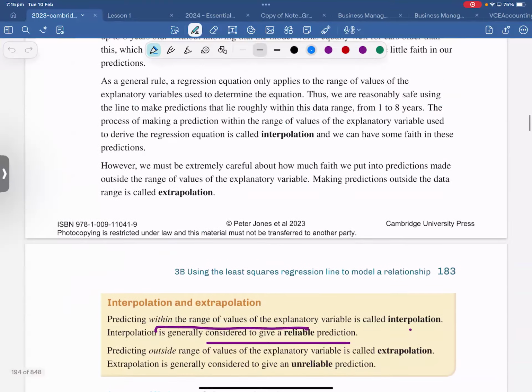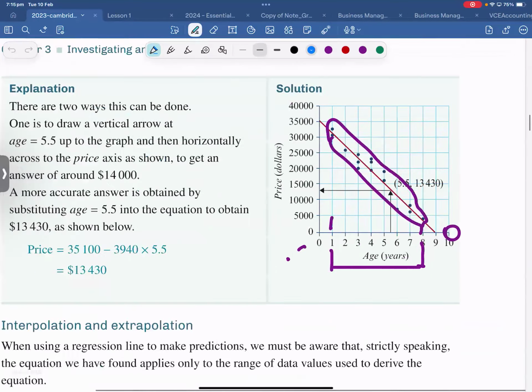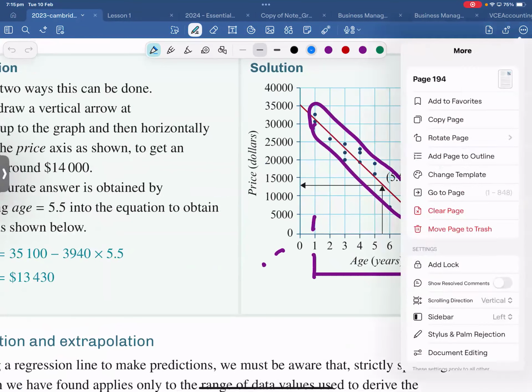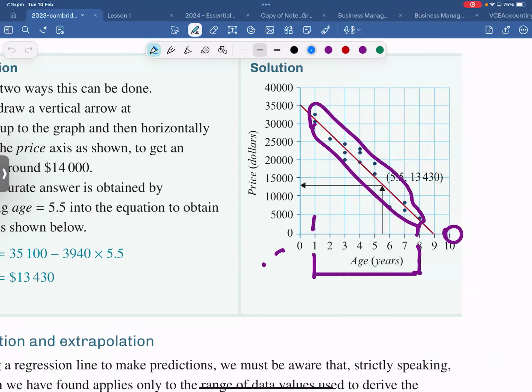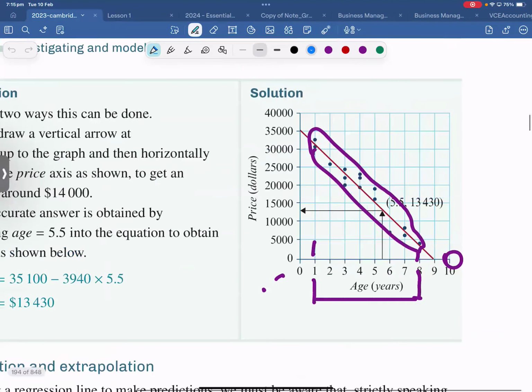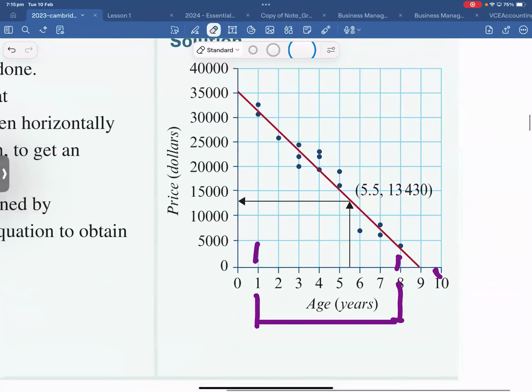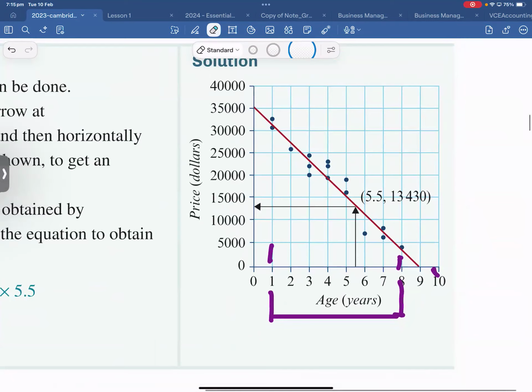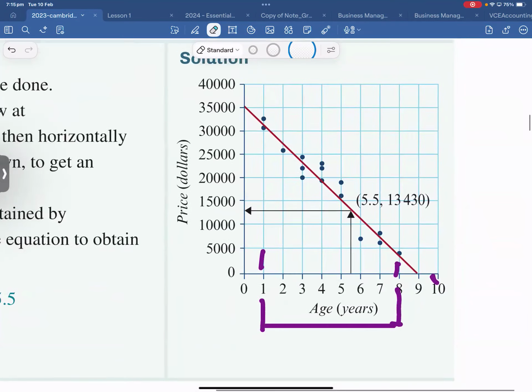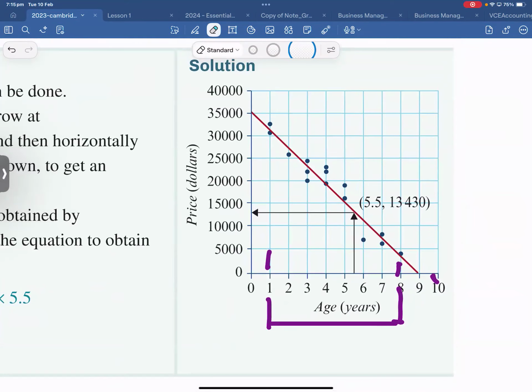What's the example we took? This is the example we took, yes? See what I showed you last time? Basically, guys, this is the scatter plot that has been given. So these are the actual values. What do you mean by actual values? These are the actual prices of the vehicles that were used within 1 to 8 years, right?